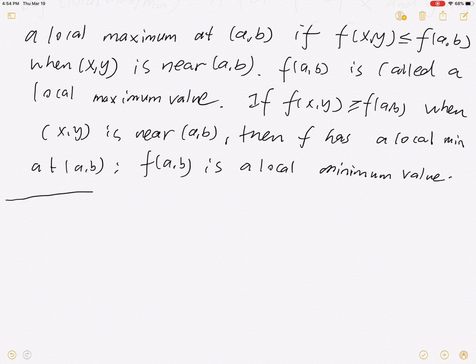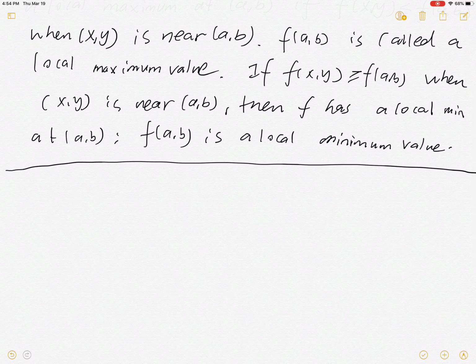Okay, so probably this is too abstract, but I think we already know quite a lot of examples for 1D. So recall in 1D, usually you will have the following questions.